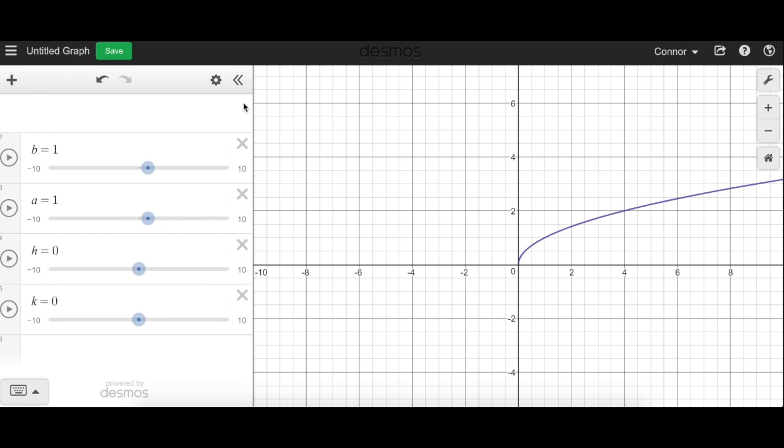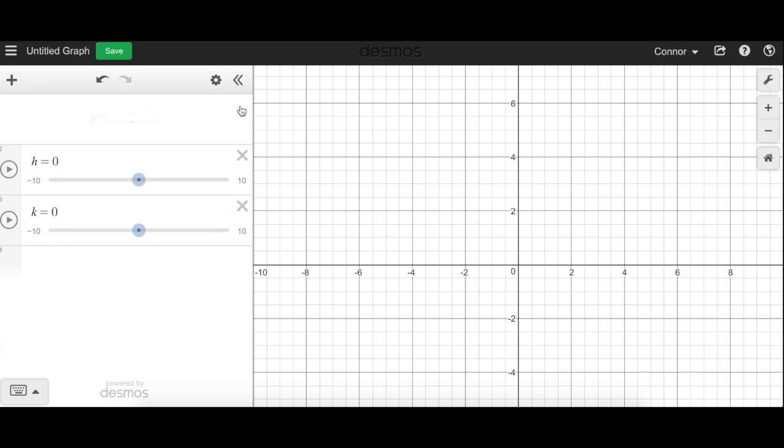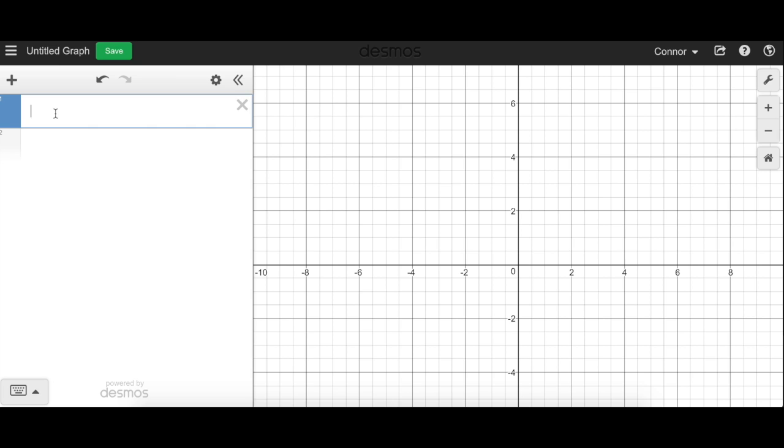So I'll delete all of these boxes, and I will show you that it is y equals f of x. Now, without a slider, there is no possible equation. f of x equals anything. f of x can be any graph in the world.